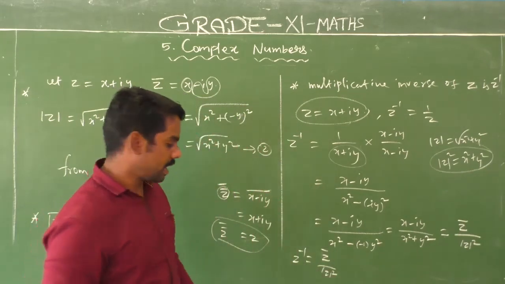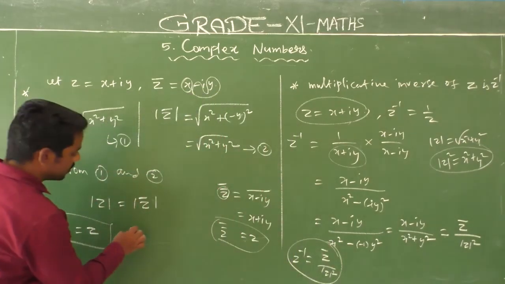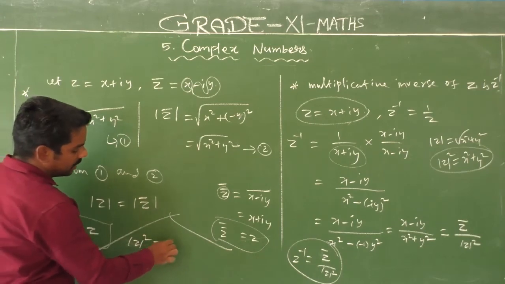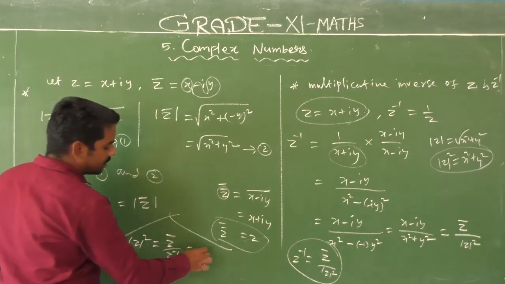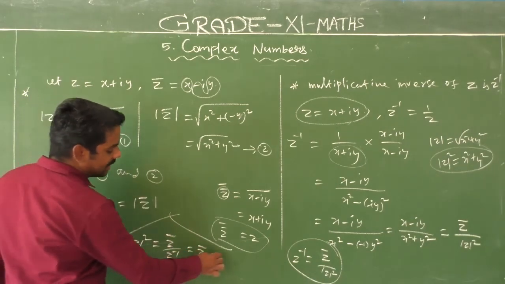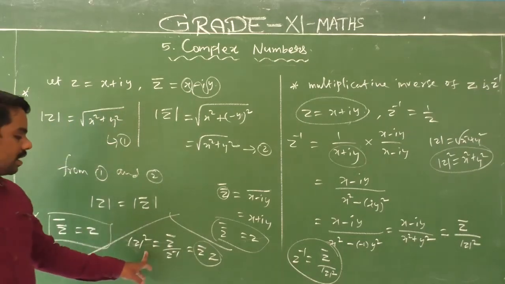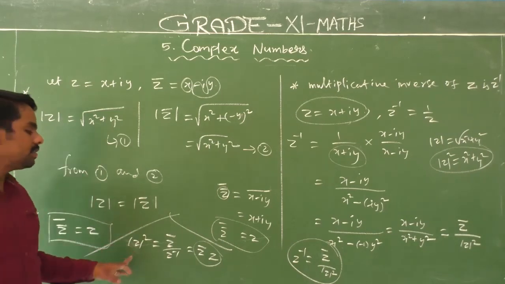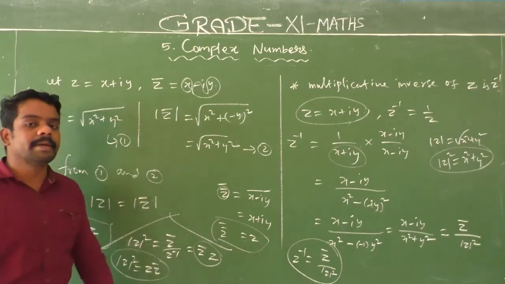Which implies modulus z squared is equal to z bar by z inverse, which is equal to z bar into 1 by z inverse, written as z. So z into z bar is equal to modulus z squared. This is one more property. Okay, right.